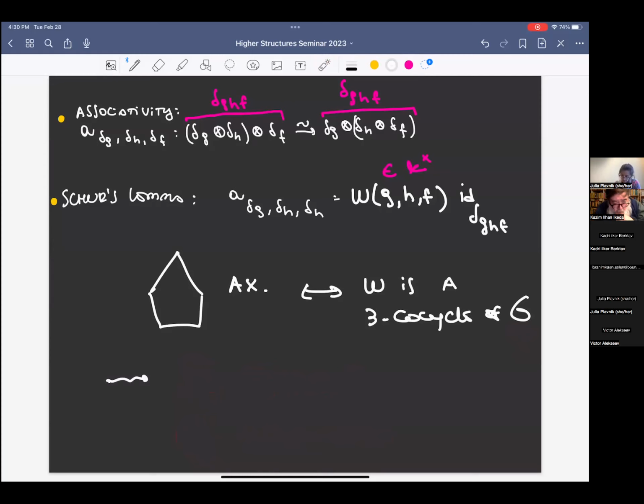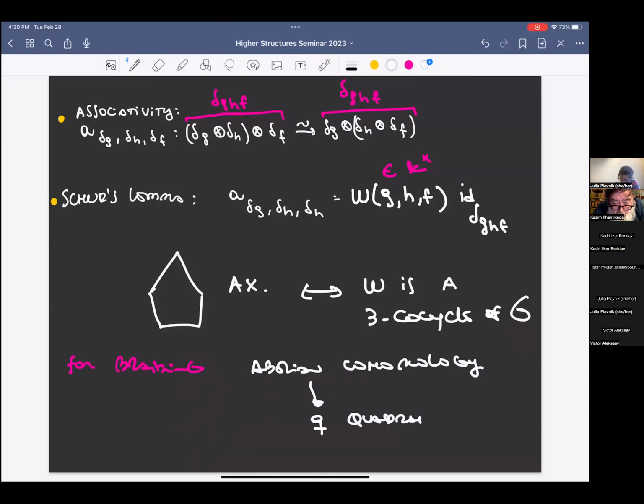For braiding, there is something called abelian cohomology, and this abelian cohomology can be encoded in a quadratic form. And then MTC if and only if this quadratic form is non-degenerate.